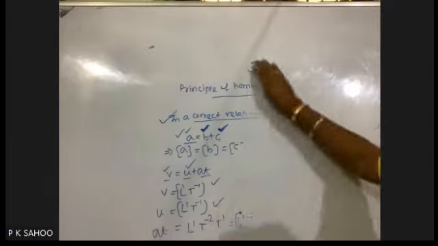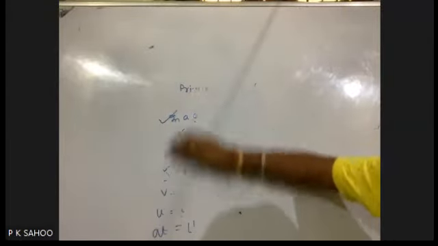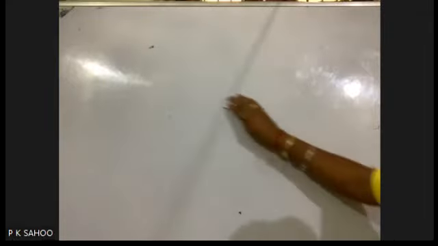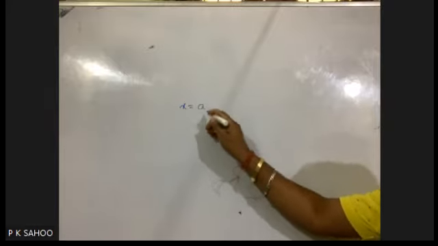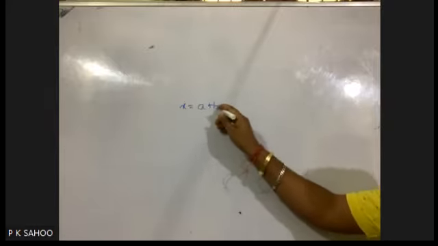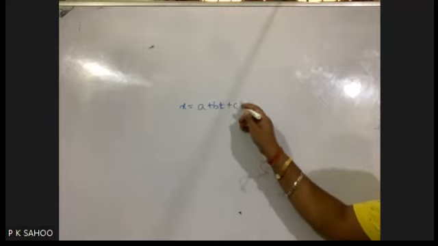So using this principle of homogeneity, we can do many questions which always come in exams. Let's do a simple question based on this principle. x is equal to A plus Bt plus Ct square.